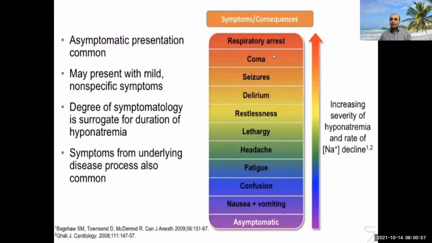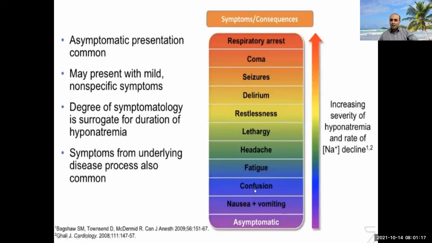Just to remind you of the symptoms of hyponatremia: some patients may be asymptomatic, some come with nausea and vomiting, some come confused. When you see a patient with hyponatremia with nausea and vomiting, discuss with him to know whether he is confused, and assess his GCS score.